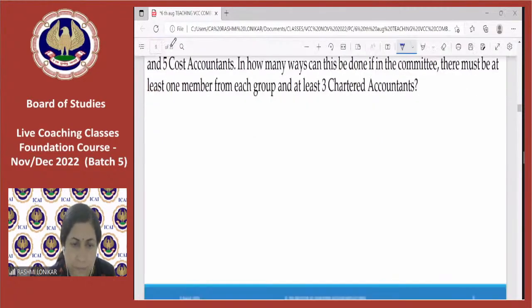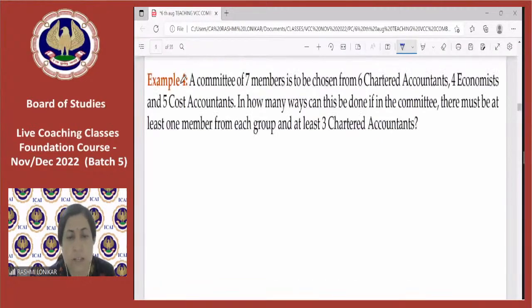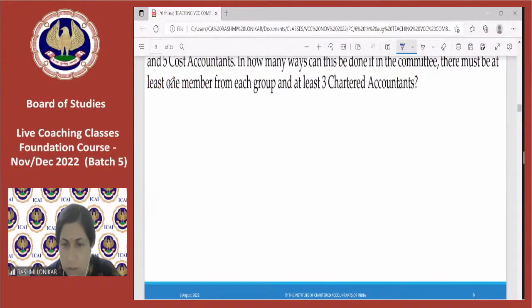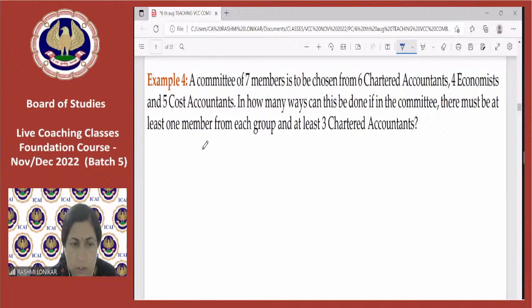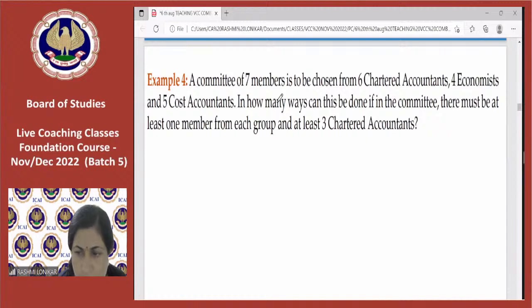Okay. A committee of 7 members is to be chosen from 6 chartered accountants, 4 economists, and 5 cost accountants. In how many ways can this be done if in the committee there must be at least one member from each group?